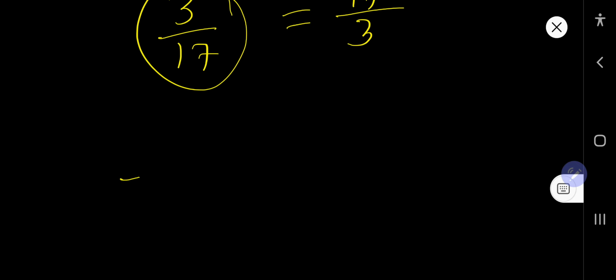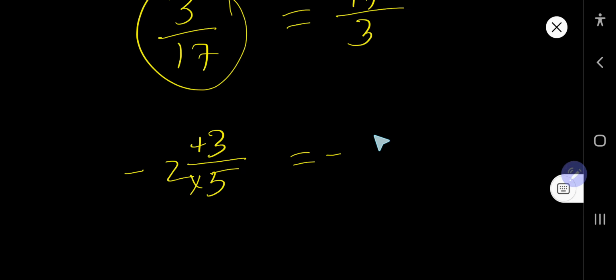So how to get the reciprocal of this mixed number, a negative mixed number, right? This is the same thing, just convert: 2 times 5 plus 3. Okay, so take the negative here, and then you need 2 times 5 plus 3, divided by 5.